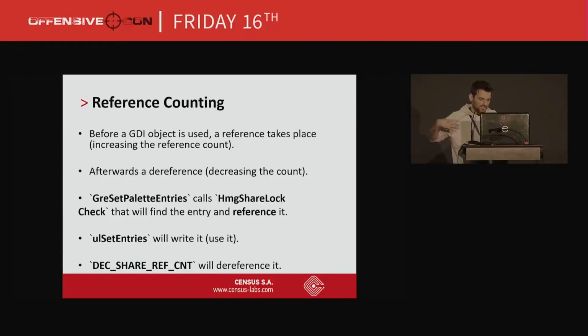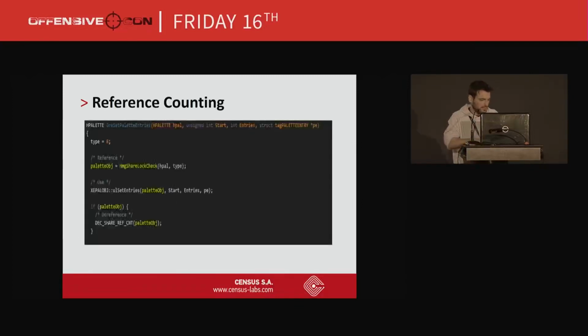Afterwards, set palette entries will call the set entries function that is going to actually write the entry that we have provided from user space to the pal color address. And afterwards, DEC_REF_COUNT will dereference the object by decrementing the reference count.